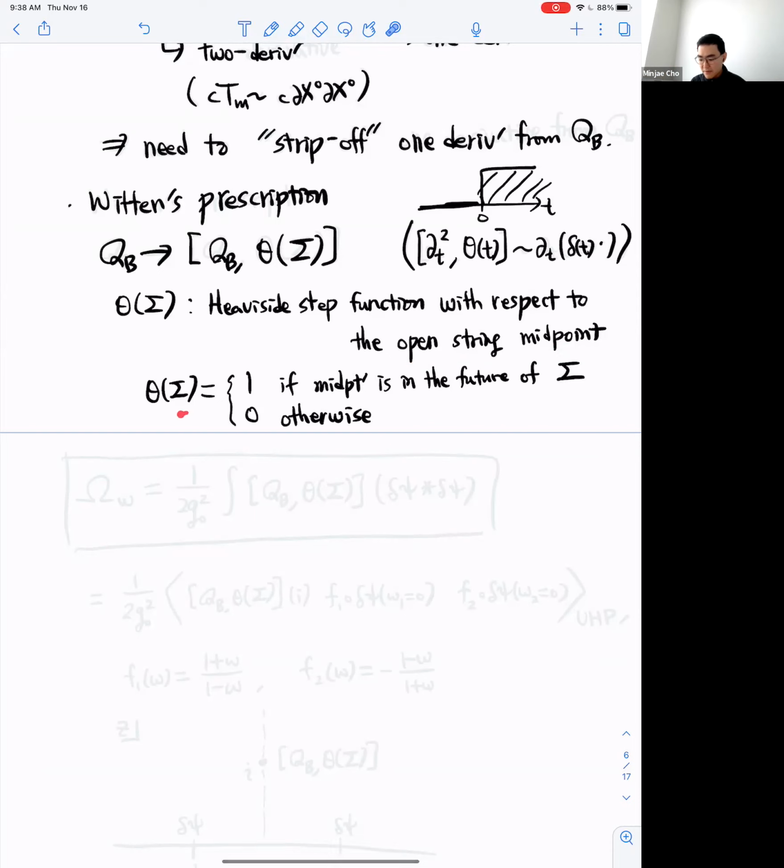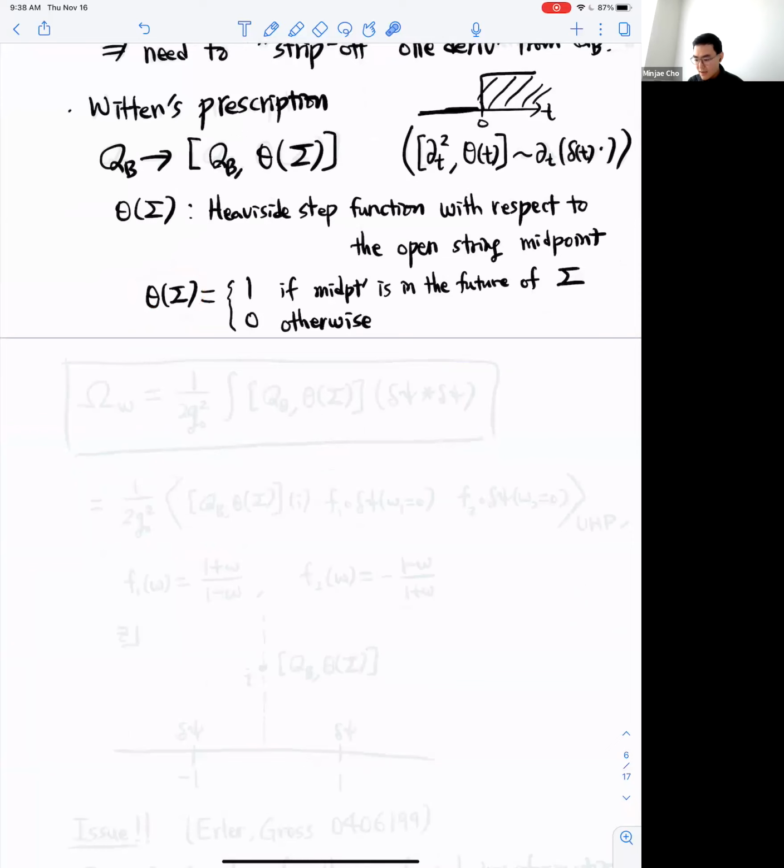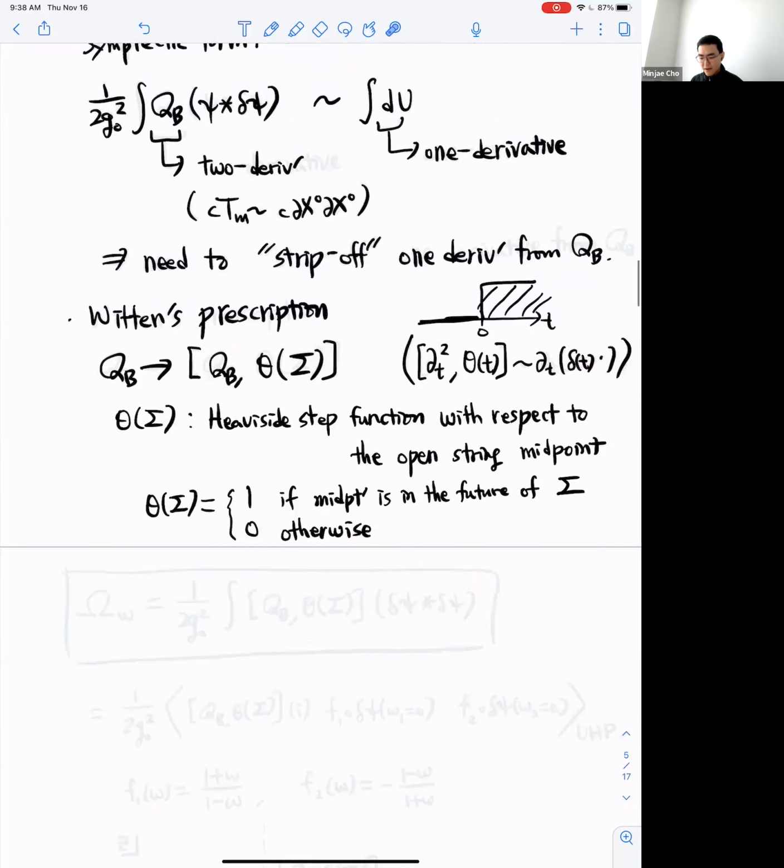So the definition of this Heaviside step function is that it is 1 if the midpoint is in the future of this slice sigma. It is 0 otherwise. Any question about this definition? I'm soon going to write down the explicit form of the correlator, which is going to compute objects like this one.